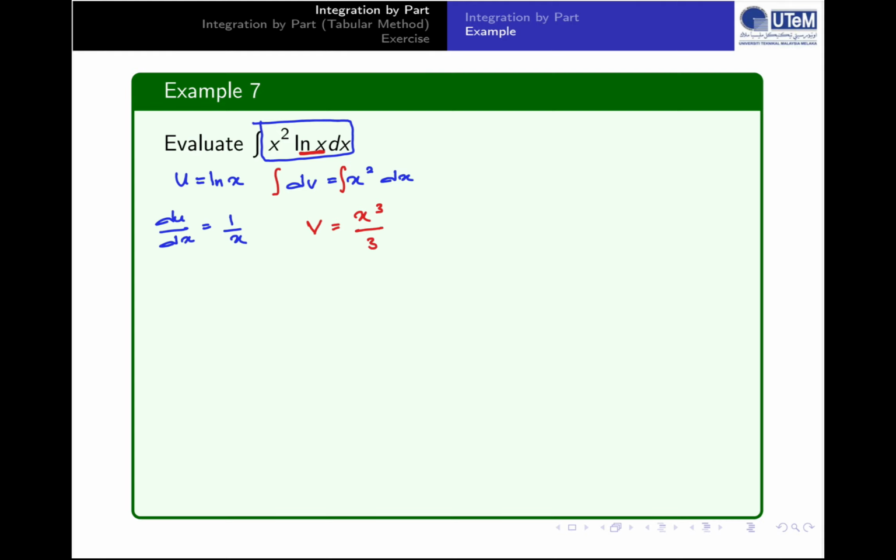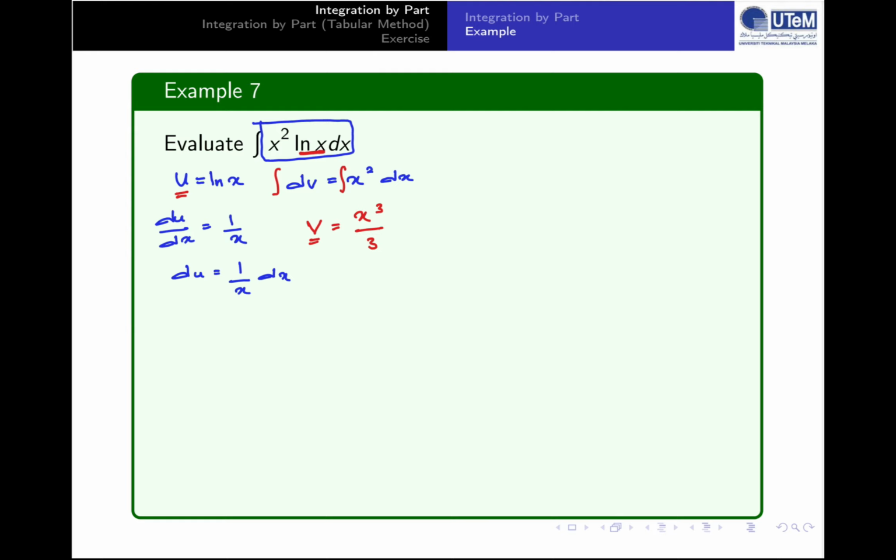So now we already have u, and we already have v, and du equals 1 over x dx. In this case, we want to substitute with the x. So maybe we can modify that one, becomes du equal to 1 over x dx.